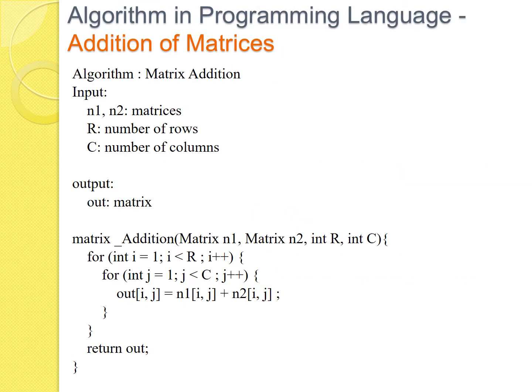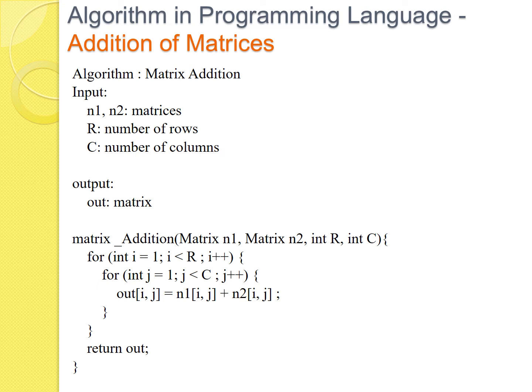Algorithm for addition of matrices in C programming language. The function matrix addition receives input n1 and n2 as matrices and the number of rows and columns as R and C respectively.